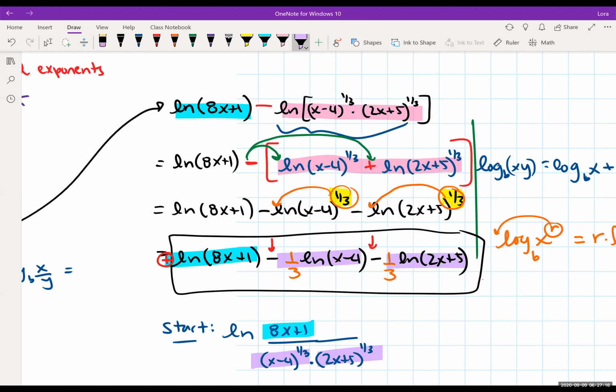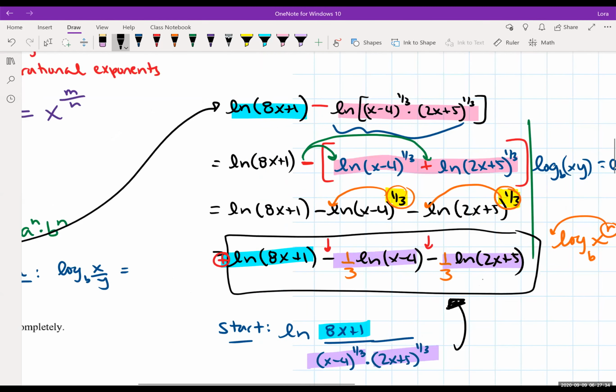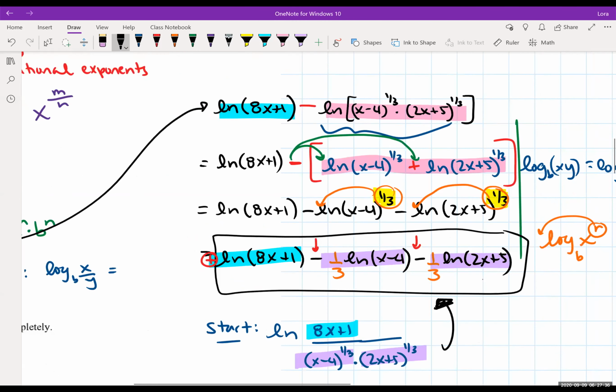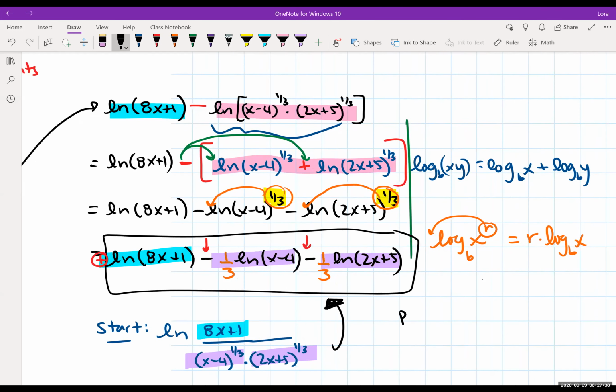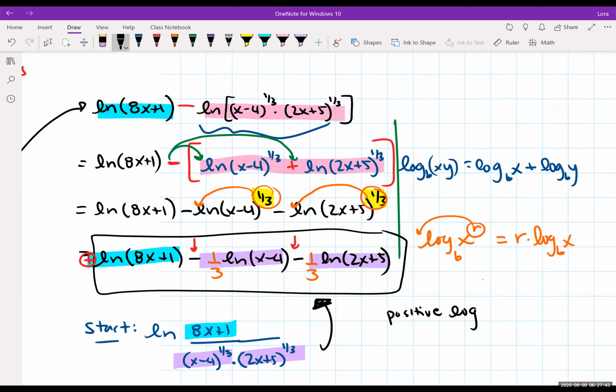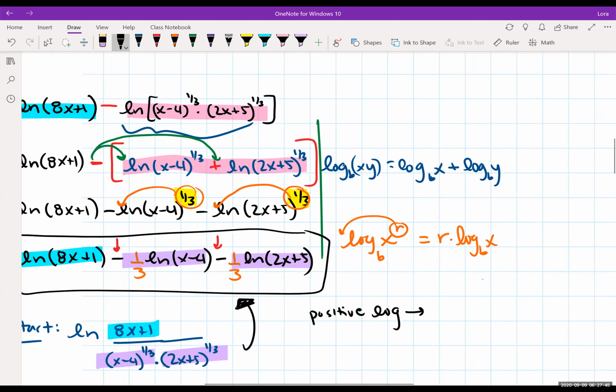So this could help us greatly with patterns. If you were interested, you could take it straight from the starting point, which I had, and go to this step at this moment. So if you're interested in shortcuts, you can play along. If not, you just take your time, work these out. But the pattern, just one more time: a positive logarithm means the argument was originally in the numerator.